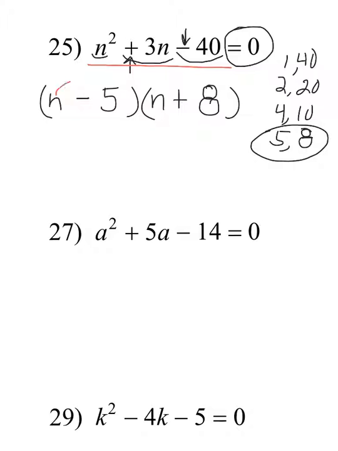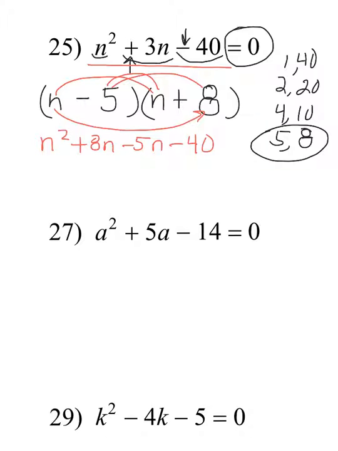So we're going to multiply the n times the n, and we get n squared. Then we're going to multiply the n times the 8, and we get a plus 8n. Now we're going to use this negative 5. We're going to multiply the negative 5 times the n, which is negative 5n, and then the negative 5 times the positive 8, and we get negative 40.